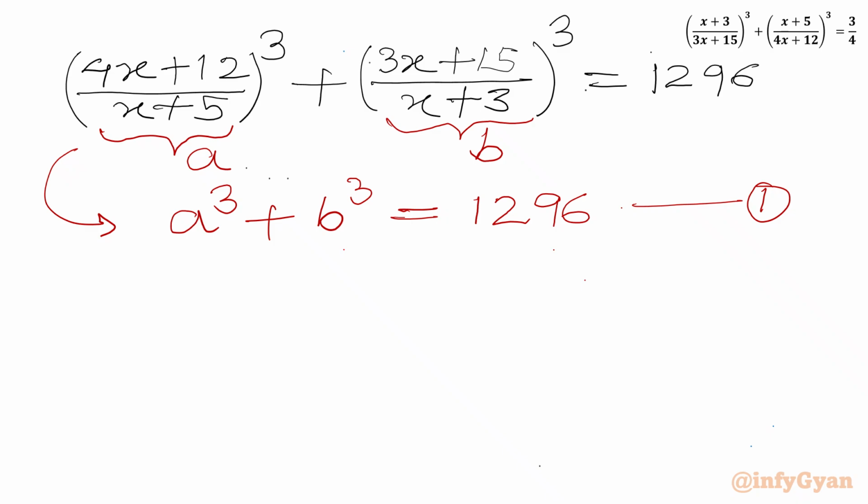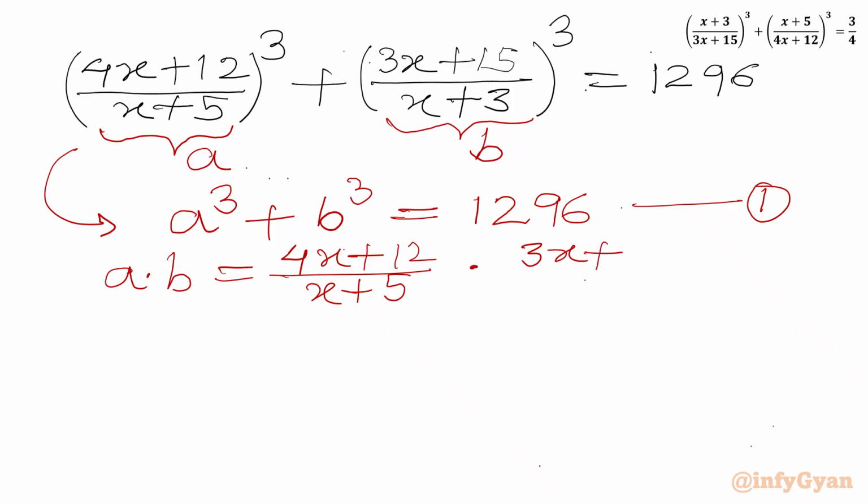Now I will multiply A with B. Let's find out A times B. So I can write here 4x plus 12 over x plus 5, this is our A, times 3x plus 15 over x plus 3. Now I can take 4 common from the numerator.